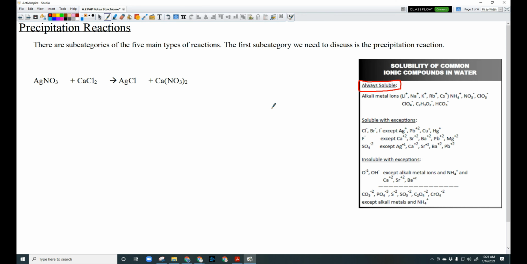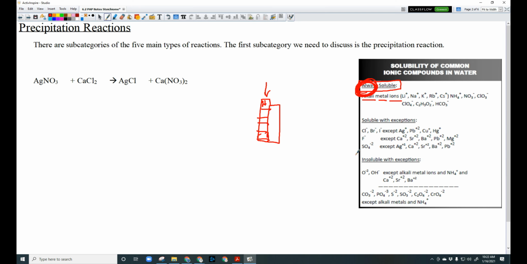Now, these are going to include the group 1 ions, the one that has hydrogen in it. So group 1, the alkali metal ions. Any ion in this group 1 is always soluble.